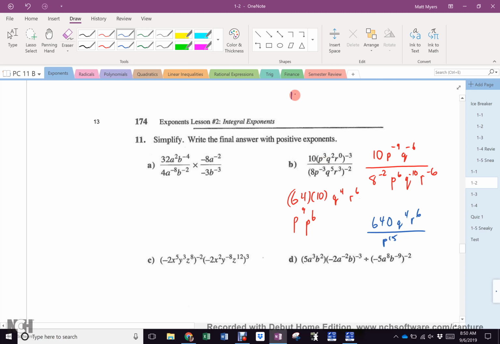So if you had like 10 times 2, the answer would be 20, right? Or 10x, the answer would be 10x. If the x is squared, then it's 10x squared. But the 10 doesn't change. So what we had was 10p negative 9, right? So only the negative exponents will move.